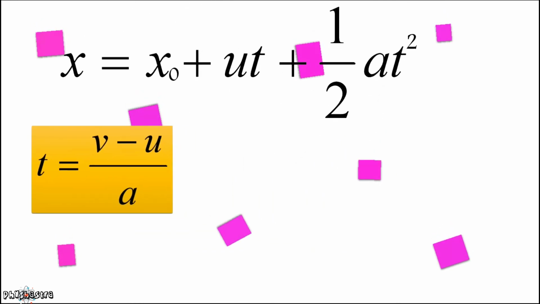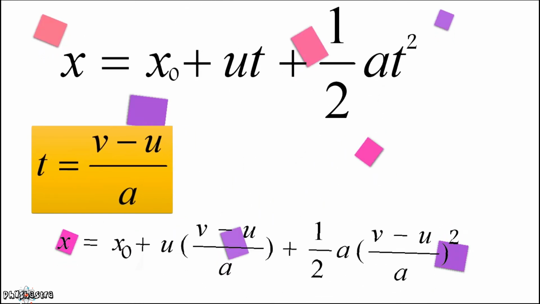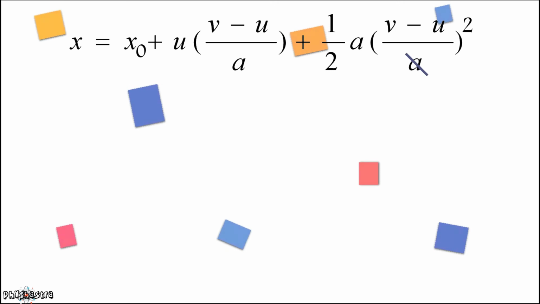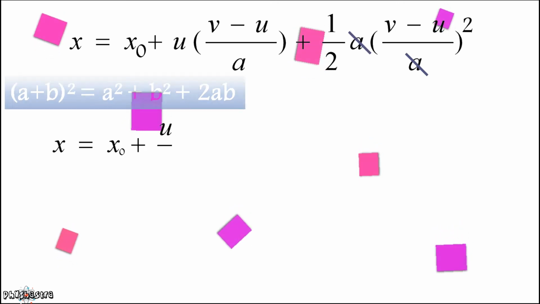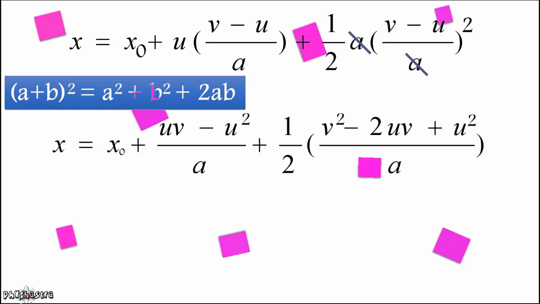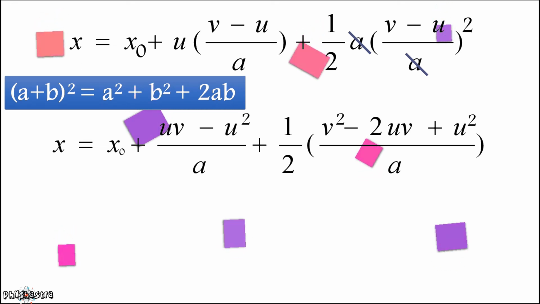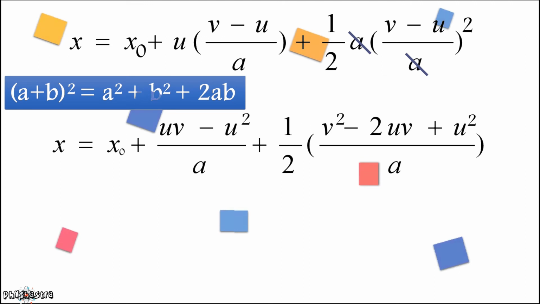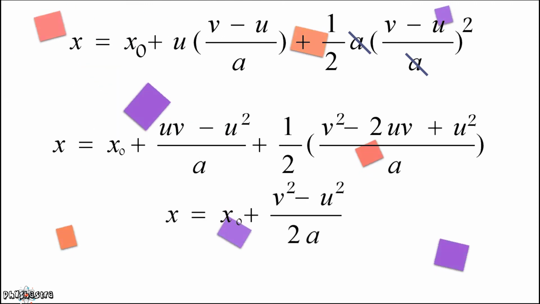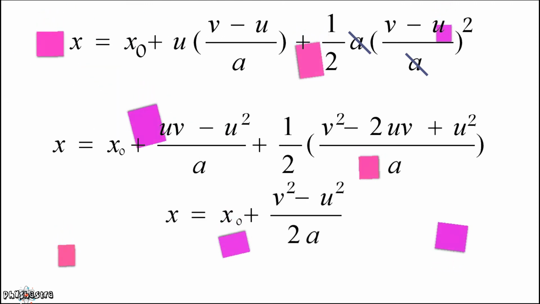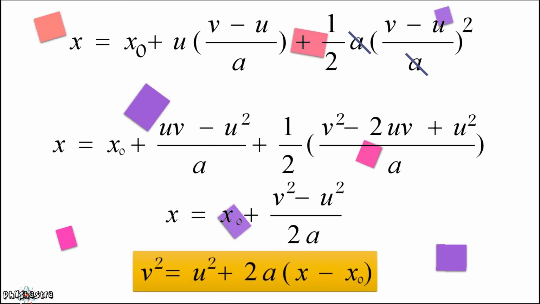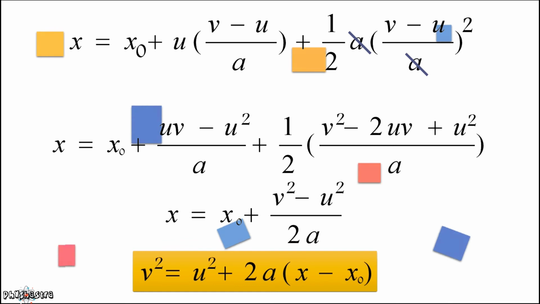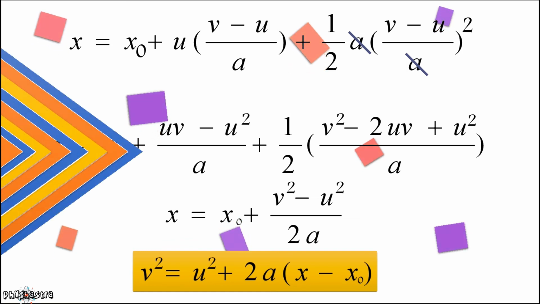After substituting, the equation becomes a little crowded. You can now cancel the acceleration and find the squares of initial and final velocity. See, during solving, 2uv gets cancelled and you will just remain with x equals x0 plus (v squared minus u squared) divided by 2a. After rearranging, you will get the expected equation. This is the third kinematic equation.